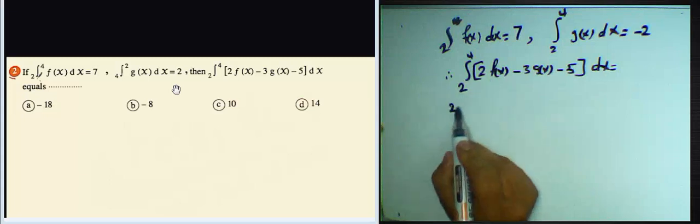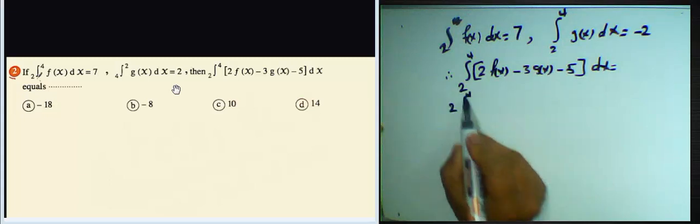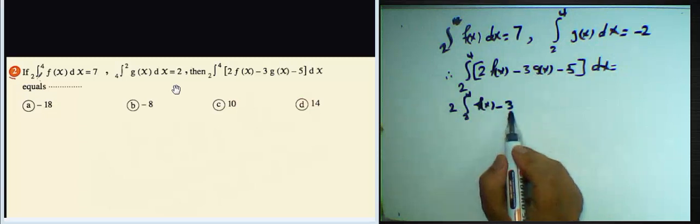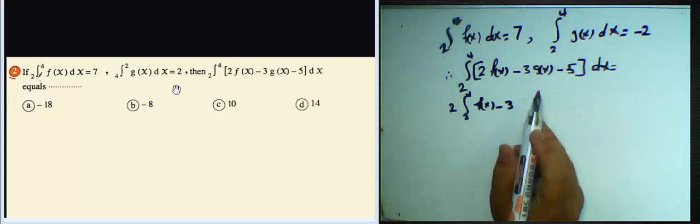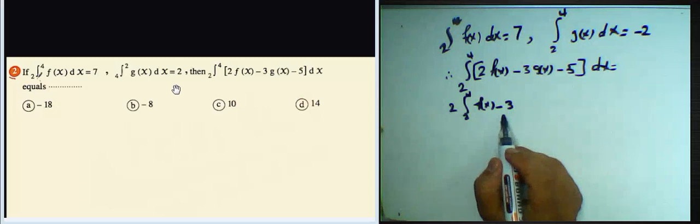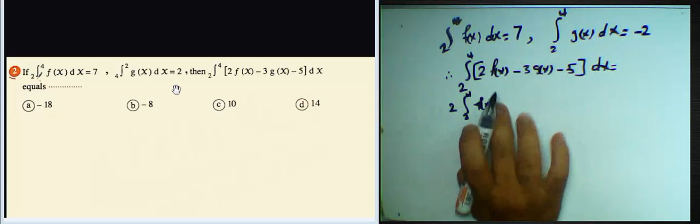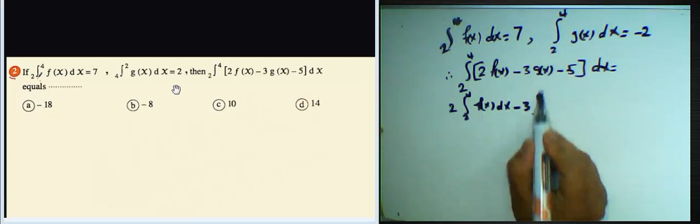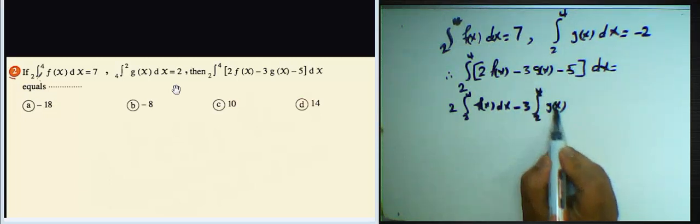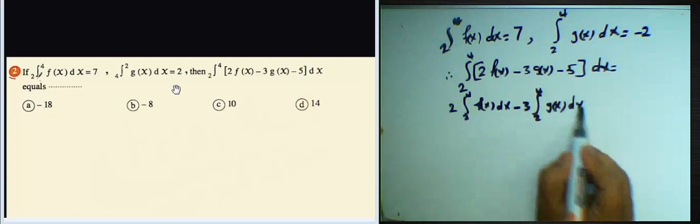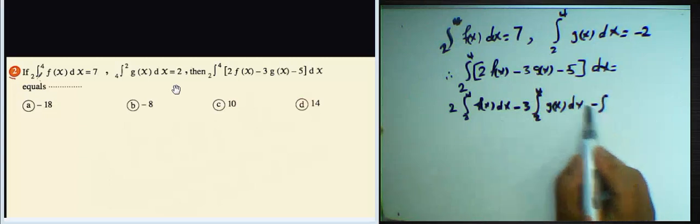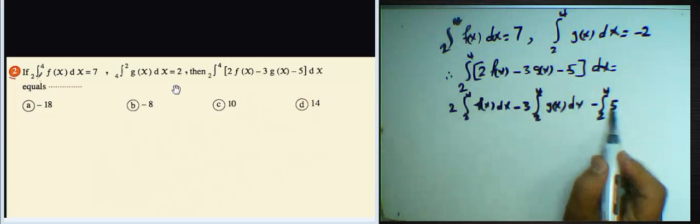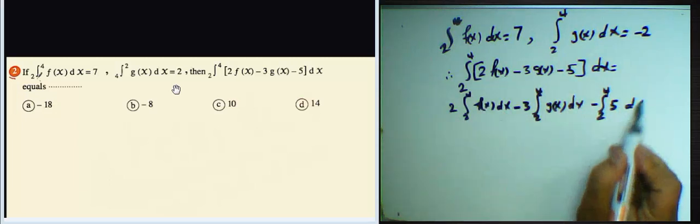Write 2 outside: integration from 2 to 4 of f of x dx, subtract 3 outside, integration from 2 to 4 of g of x dx, subtract the integration from 2 to 4 of the constant function 5 dx.